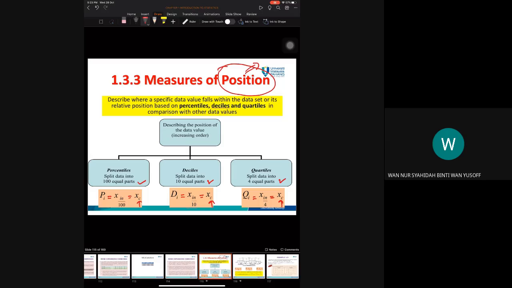So percentile, we split the data into 100 equal parts. Decile, we split the data into 10 equal parts. And quantile, into 4 equal parts. We use percentile a lot for education research because based on percentile, we can know the position of the student.